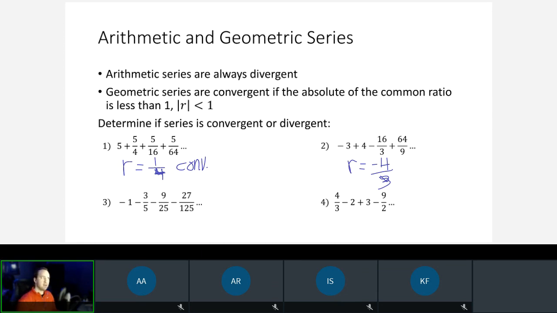So the absolute value of -4/3, is that less than 1? No, it is not. It is approximately 1.33 forever. So that is not less than 1. So that tells us it's what? Divergent. Yep, divergent.